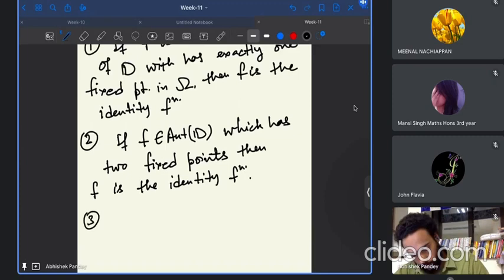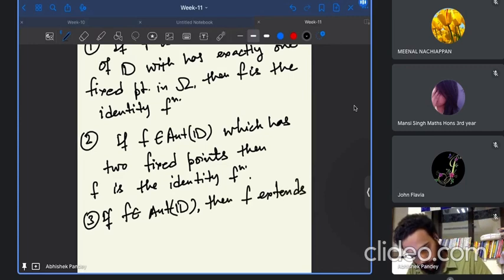Third one is, if f belongs to the automorphism of D, then f extends continuously to D closure.